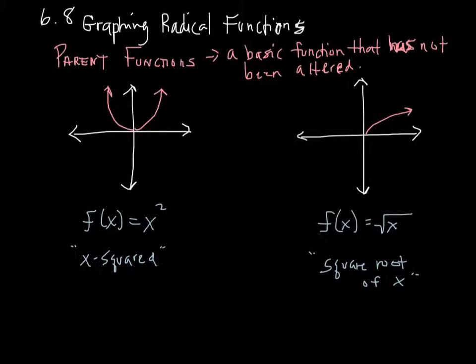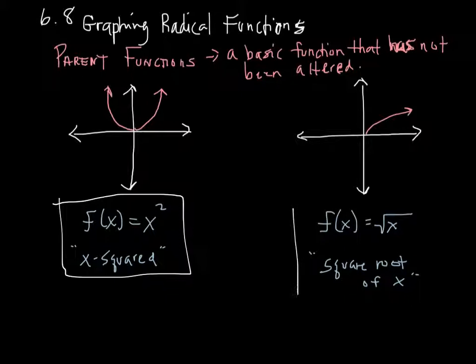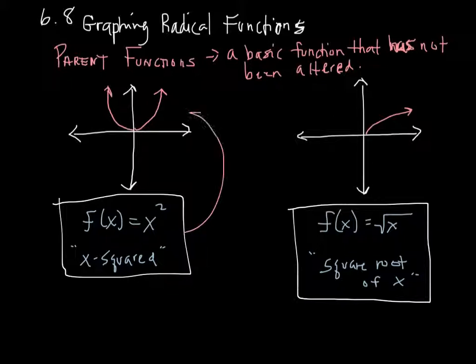Lesson 6.8 covers graphing radical functions. Here we look at a function of x squared and a function of f of x equals the square root of x, and their corresponding graphs.